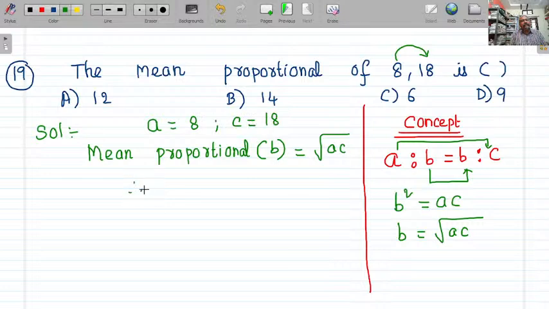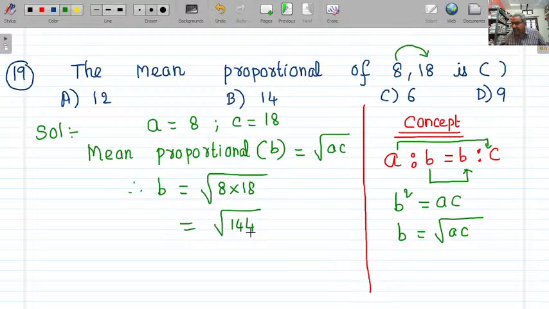So we can write B is equal to square root of 8 into 18. That is square root of 144. 144 is a perfect square. So 12. Absolutely correct. So Sardana and also Lakshminarayana, wonderful. You did a good job. 12 is the right answer.